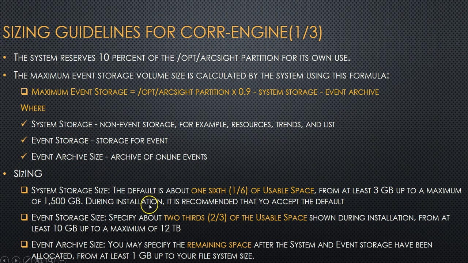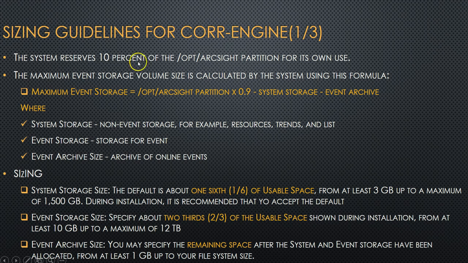The first one tells us that the system storage size's default value is 1/6 of the usable space. The usable space is actually the ArcSight partition less this 10%, as we mentioned in the first line.